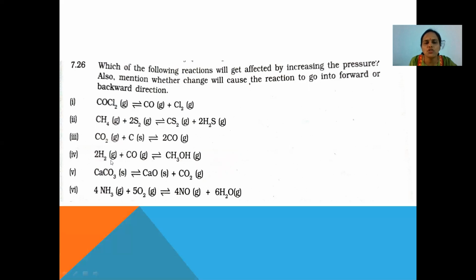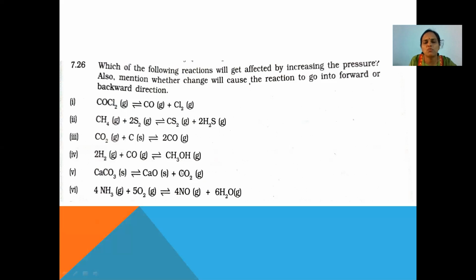Look at the next question. 2H2 plus CO gives CH3OH. 1 mole of CH3OH on the product side and 3 moles on the reactant side. So since the number of moles on the product side is less in comparison to the reactant side, the reaction proceeds in the forward direction. Then calcium carbonate gives calcium oxide plus carbon dioxide. The number of moles on the product side is 1 and on the reactant side it is 0.